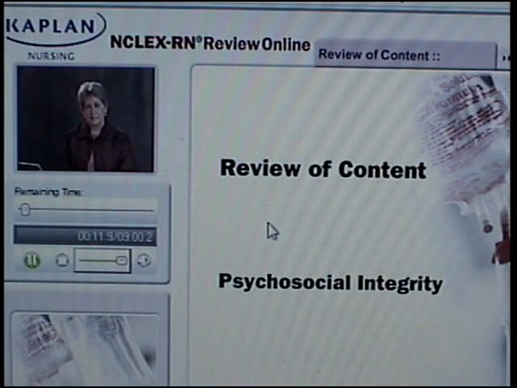Psychosocial integrity is 6 to 12% of the questions on your NCLEX RN exam. And while it's not a particularly large area, in fact, it's one of the smallest areas of the NCLEX RN blueprint, it's certainly very important, because regardless of where you work in nursing, you're going to be using the techniques and the theory in psychosocial integrity.